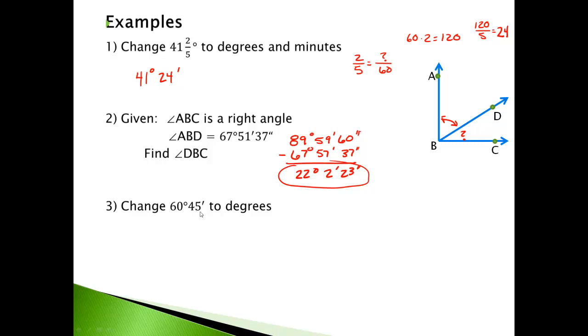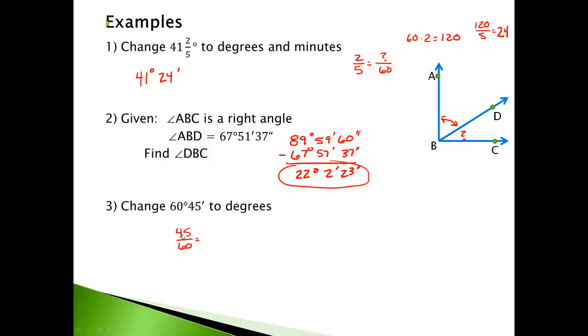And then if I wanted to change this to just degrees, well, we know that 45 minutes is 45 out of 60. Okay? And if we want to change it to degrees and we want to leave it as a fraction, we can just take this and reduce it. So let's find a number that goes into both of these.